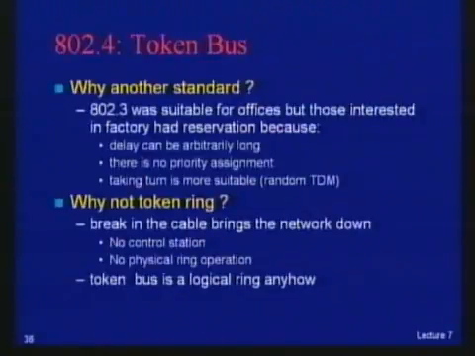But that perception does not exist today. But what was the perception of the people about the factory? What is different about the factory? They were assuming that they are talking about machines of the future at that time. They are delay sensitive. Since they are delay sensitive, because you are controlling this machinery in the factory environment, and you have a local area network to control that, then 802.3 cannot do that because it has no control over the delay. That's what they were arguing.